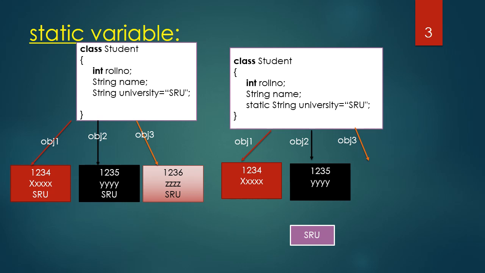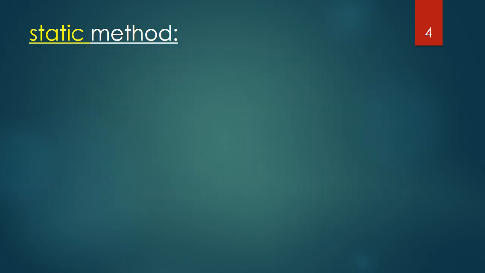And for objects 1, 2 and 3, separate memory is allocated for roll number and name, because roll number and name differ from student to student. Since the university name is common, I declared this variable as static. So memory is allocated only once, and this value is shared by all three objects.